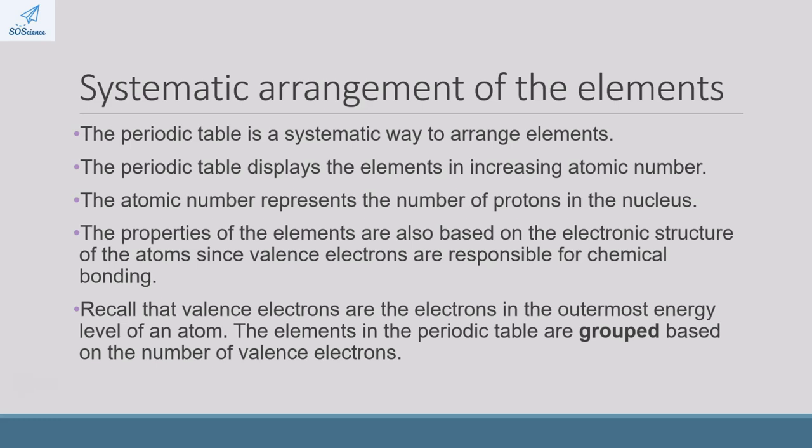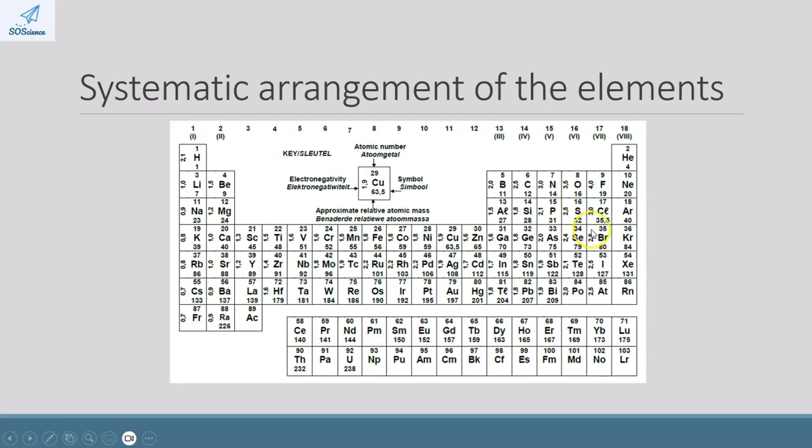Recall that valence electrons are the electrons in the outermost energy level of an atom, and the elements in the periodic table are grouped based on the number of valence electrons. What do I mean by that? Well, all of these group 1 elements will have the same number of valence electrons.